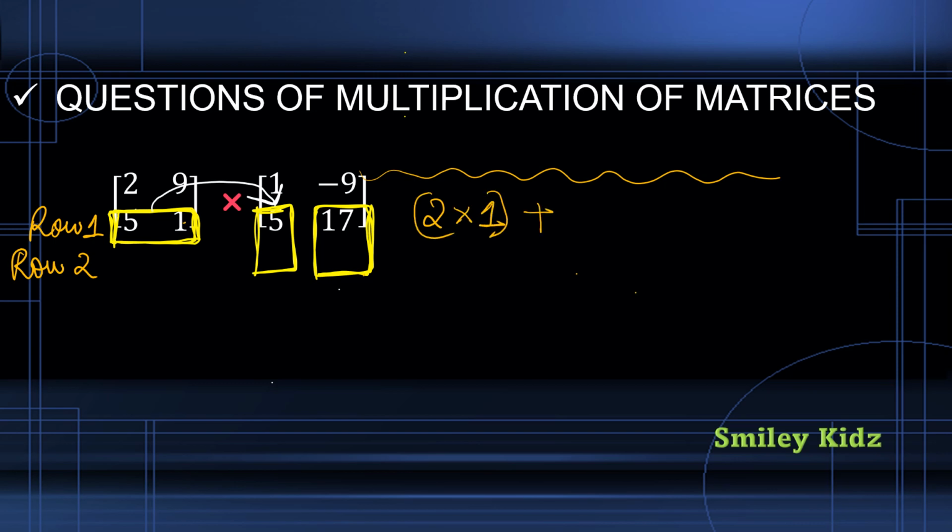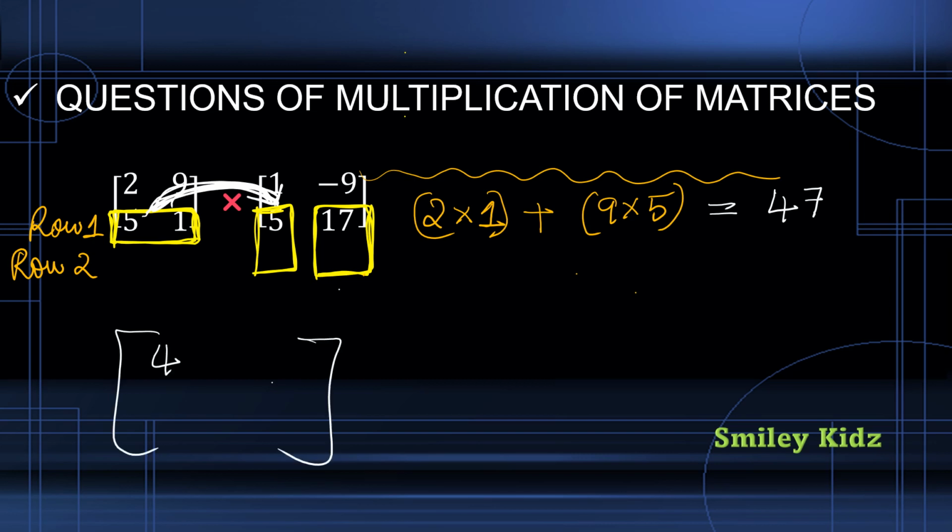plus 9 into 5. What have we done? 2 into 1 is 2, 9 into 5 is 45. You're going to add them up, alright, which is going to be 47. So simultaneously let's form the new matrix, which is going to have 47 first. Then secondly we have row 1 with column 2 of second matrix, that is this column.